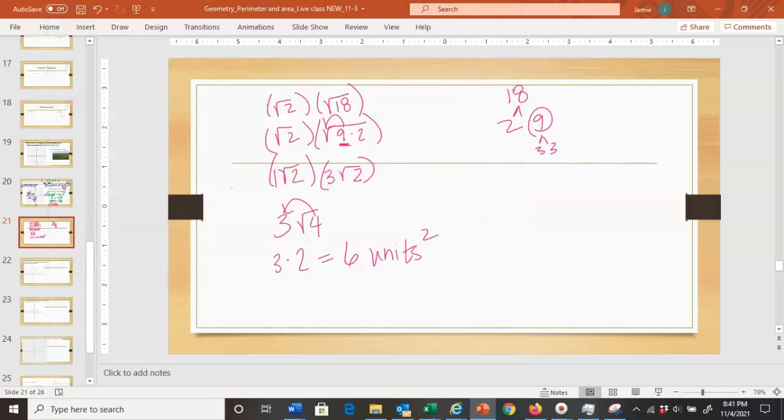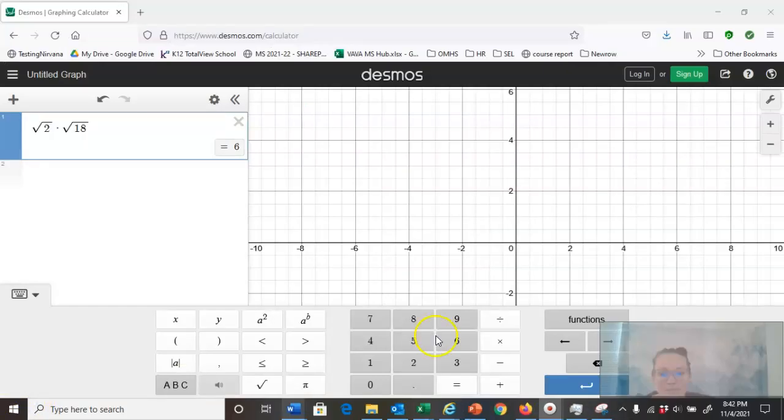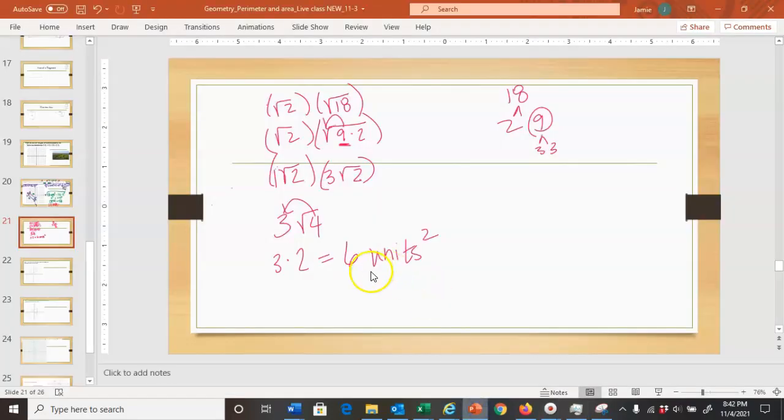Let's get our Desmos. Okay, I came to Desmos, and I think I accidentally typed 8 on the other calculator. So you can see root 2 times root 18 is 6, which is what we got when we did it by hand. That's so cool when you think it's going to be some weird decimal or radical and it just works out perfectly. 6 units long, or 6 units squared.